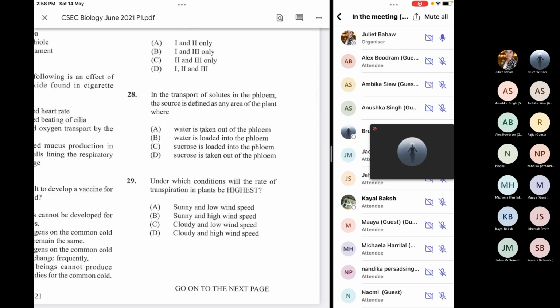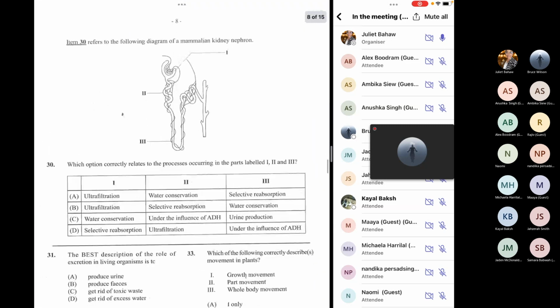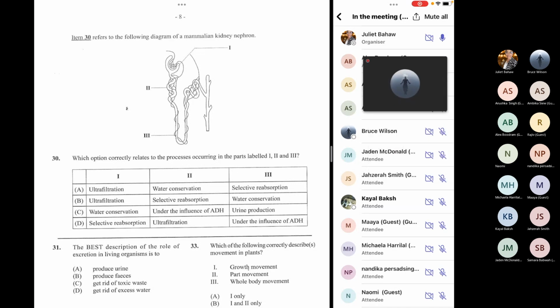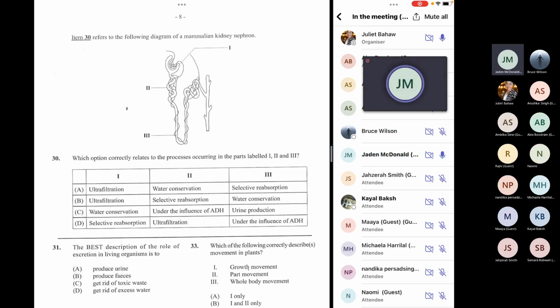All right, 30. Who's 30? Jaden, yes. Which option correctly relates to the processes occurring in the parts labeled I, II and III?